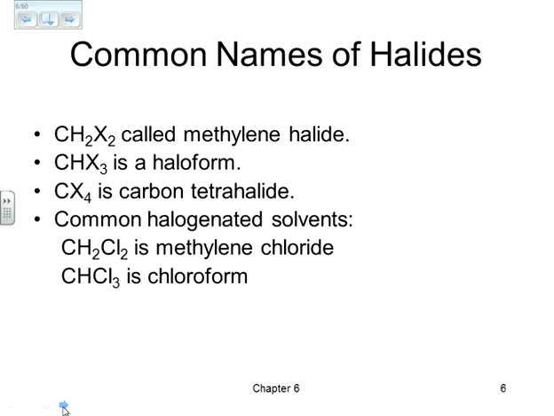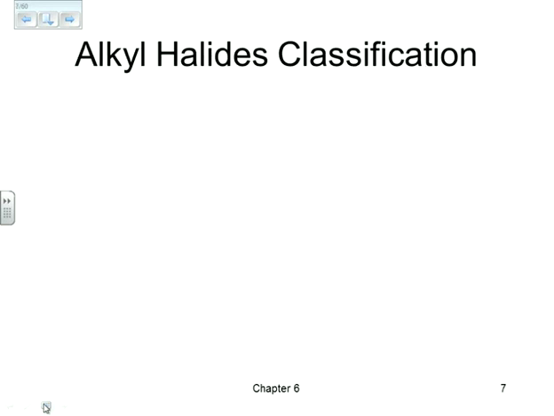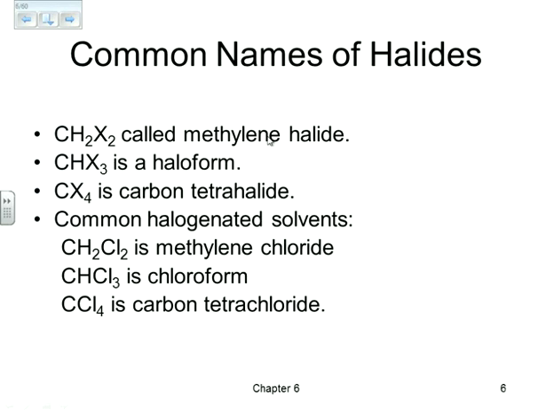Don't worry about the common names. Some of these you might have heard of, though. The common name. Have you heard of chloroform? Okay. That is a carbon with 3 chlorines.